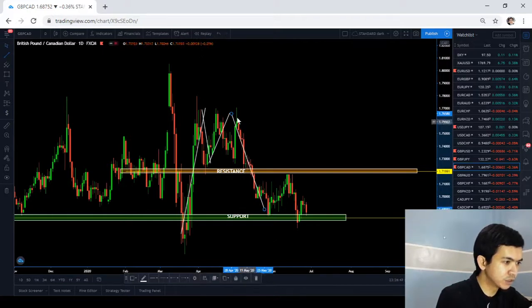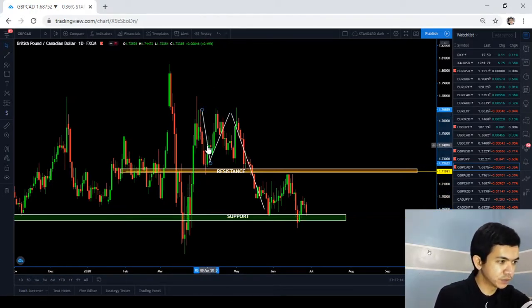Alright? So, ano nga ba sabi natin? Once support now becomes what? New resistance. So, we know na itong level na to ay key significant resistance level or zone. And at the same time, meron din tayong key significant support level or zone kung saan nag-react yung market. So, that is just a market structure perspective on this pair as of now.